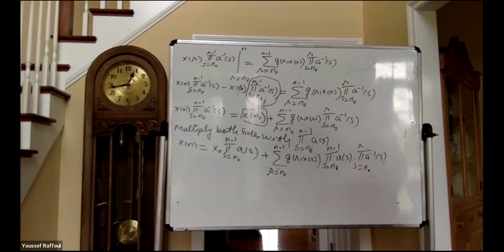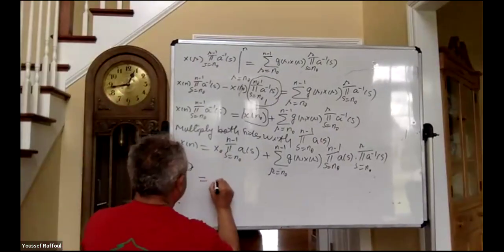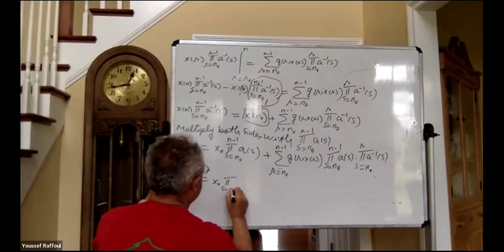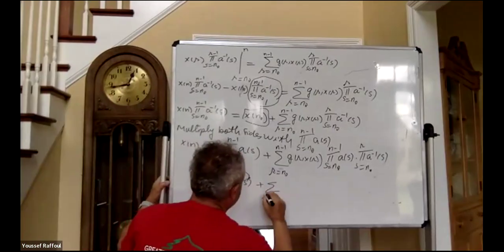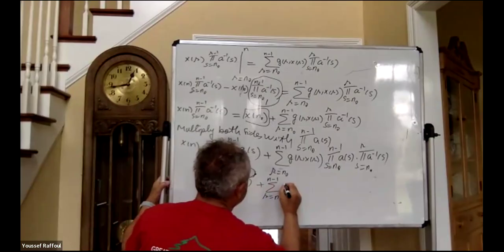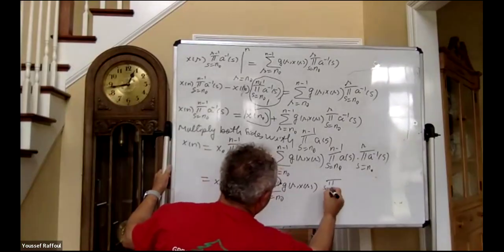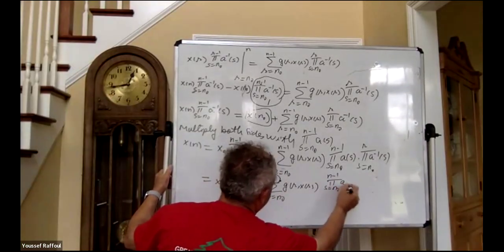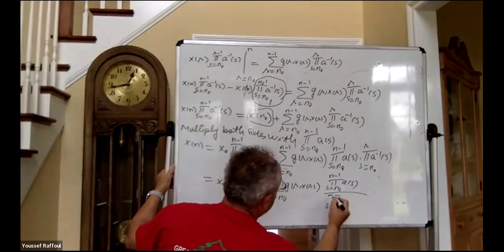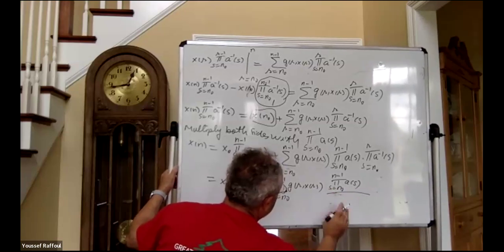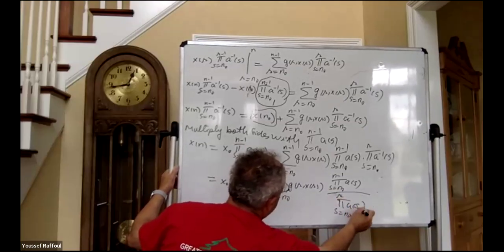Okay? Now let us see how this is equal to, this is x naught, the product s equal n naught to n minus 1 of A s, plus the sum over r from n naught to n minus 1 of g r x r times the product s equal n naught to n minus 1 of A s over the product s equal n naught to r of A s.